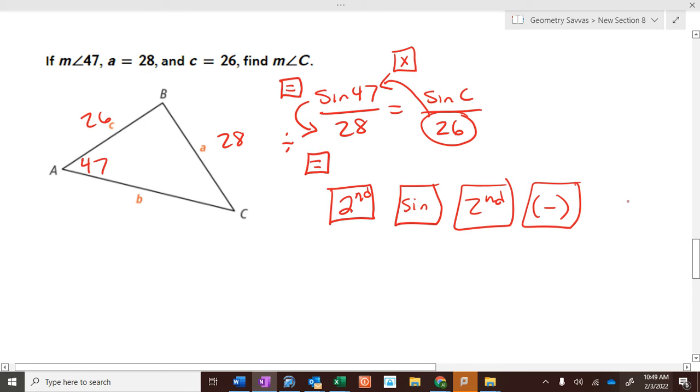Second sine, second answer. So you're taking the inverse sine of the answer that you got from right there. That's a shortcut on the calculator.